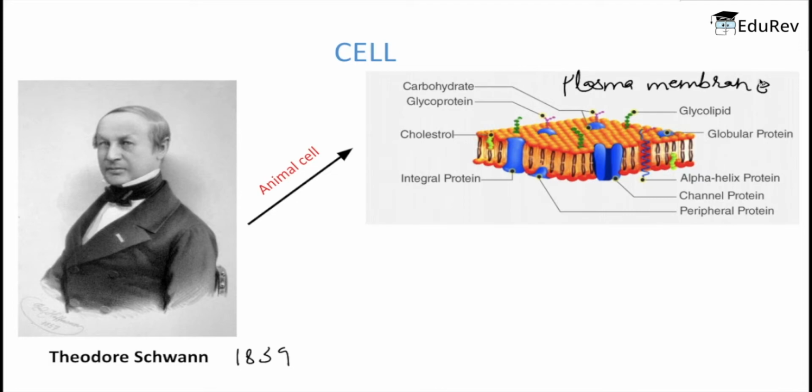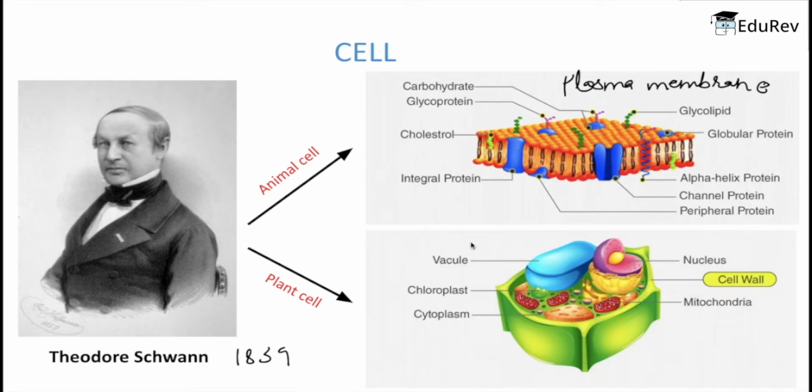Apart from studying animal cells, he also studied plant cells and concluded that in addition to the cell membrane, the cell wall, which is a characteristic feature of plant cells, is present in plants. So the difference he found was that in animal cells only the plasma membrane is there, and in plant cells, along with the plasma membrane, the cell wall is also present on the outermost layer of the cells.